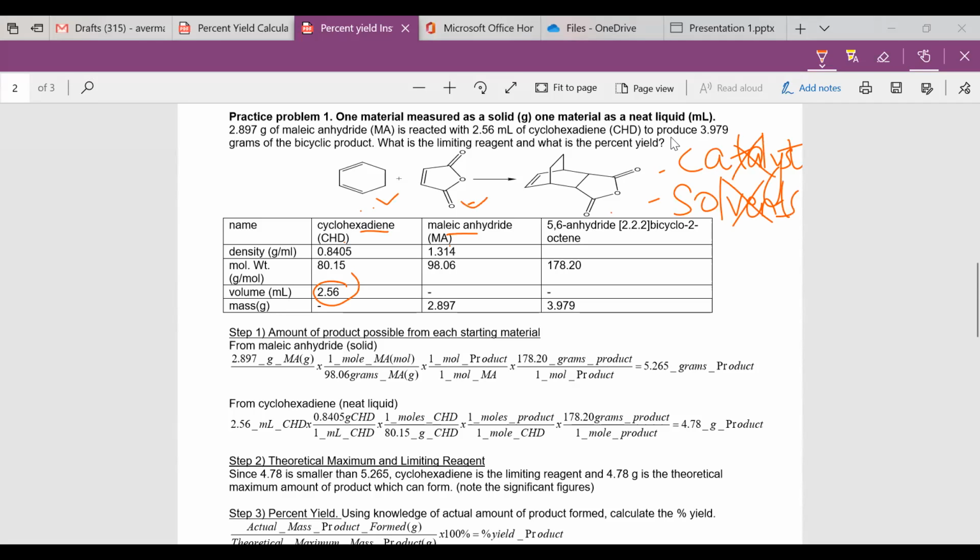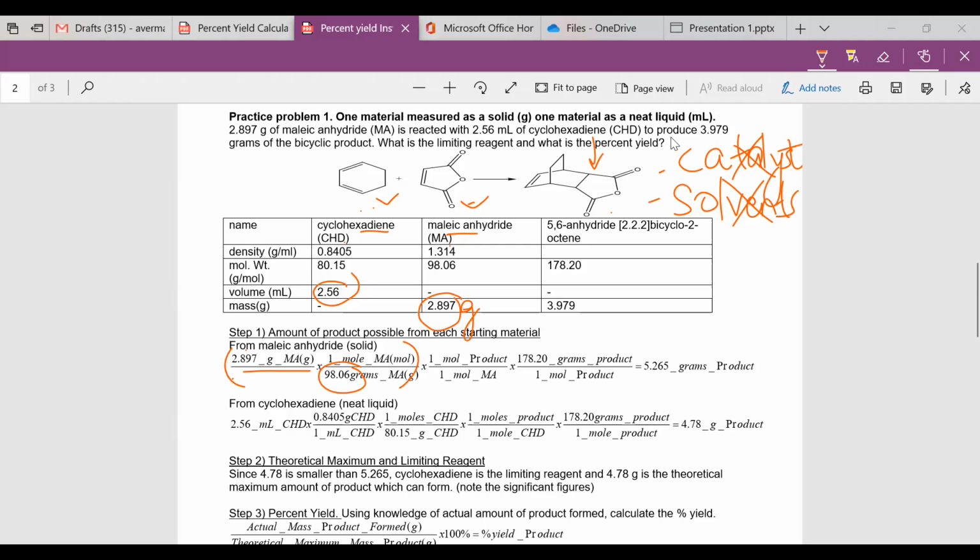Only the actual reactive molecules that make something of your product. So for your maleic anhydride, what is the amount that you have? You have this in grams, so you divide it by its molecular weight. You get the moles of your maleic anhydride.